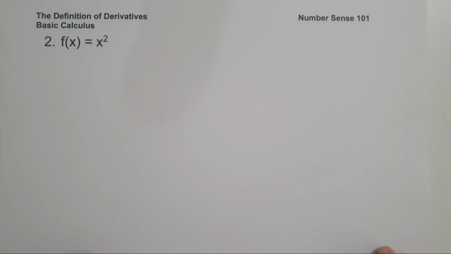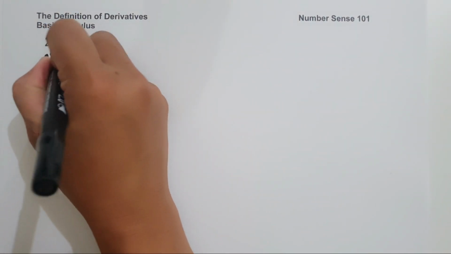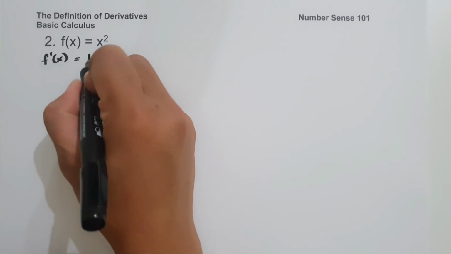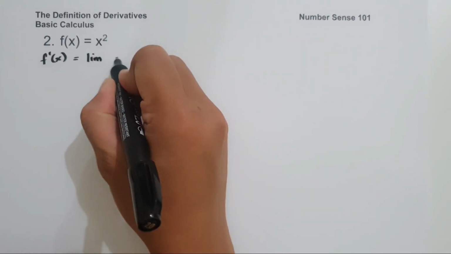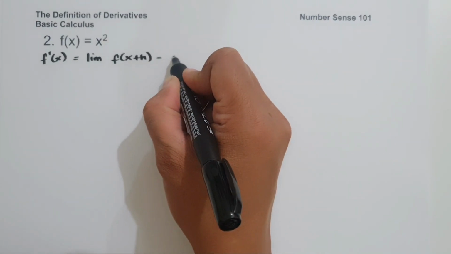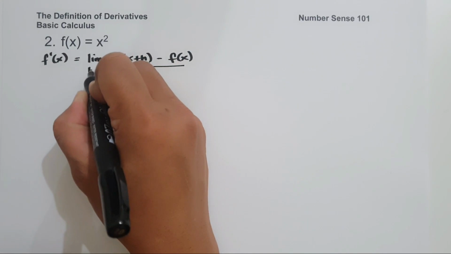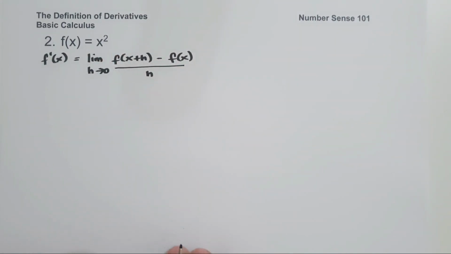On example number 2, f of x equals x squared. So let us find the derivative of the given function using the definition of the derivative, and that is f prime of x is equal to the limit of f of x plus h minus f of x, all over h, as h approaches 0.